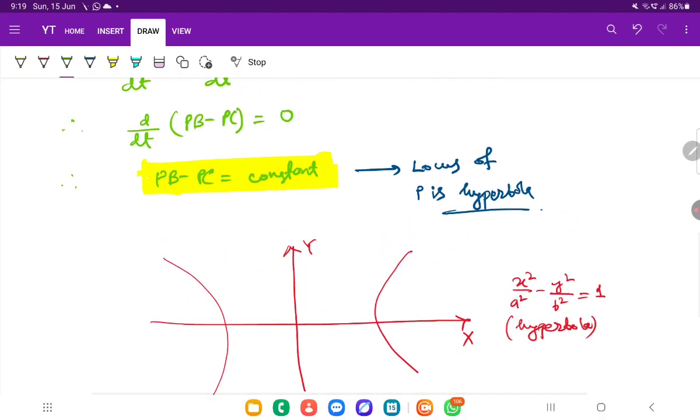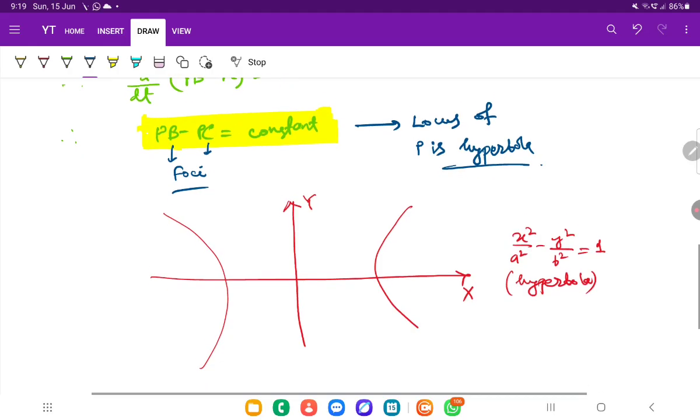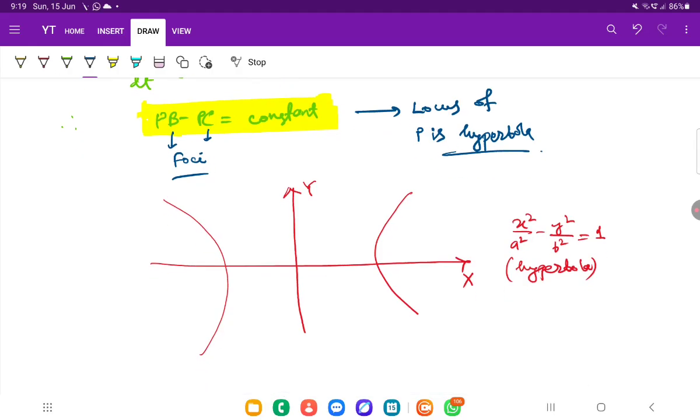From here we can conclude that B and C are the foci, and P is some arbitrary point. Now let me mark this as B and this one as C. So according to our equation, this coordinate will be ae comma 0 and this coordinate will be minus ae comma 0.